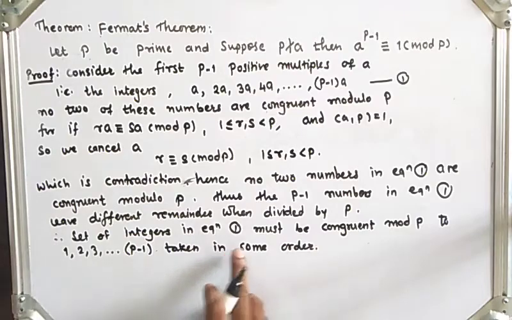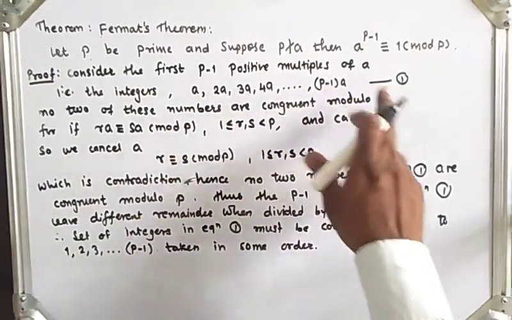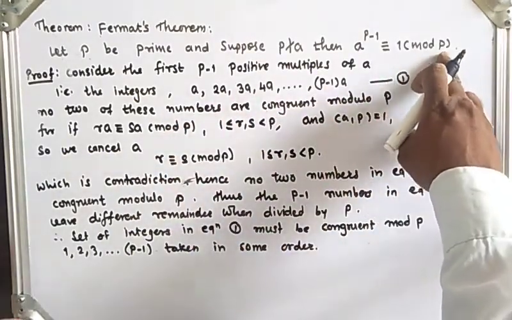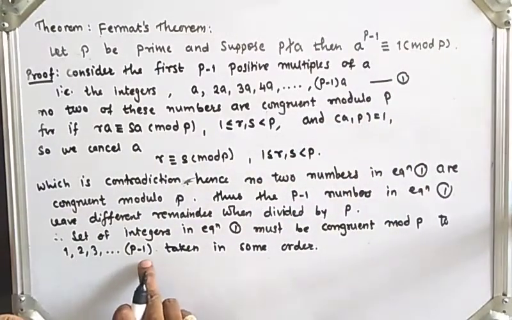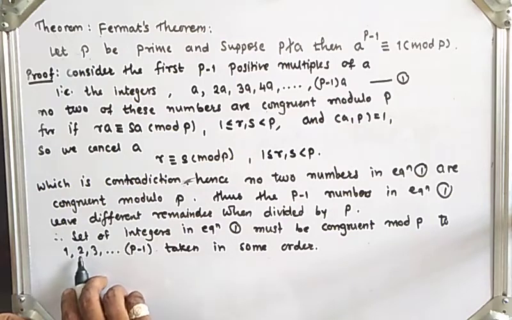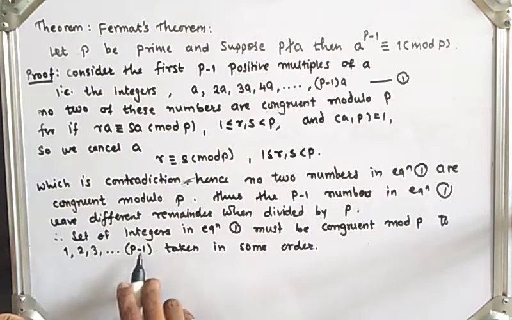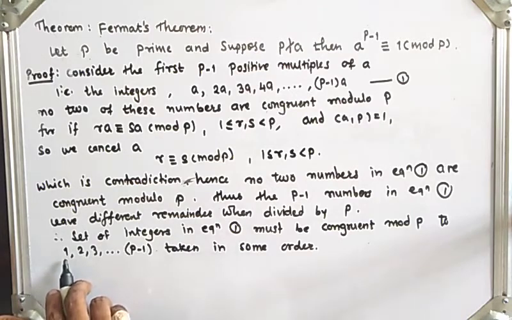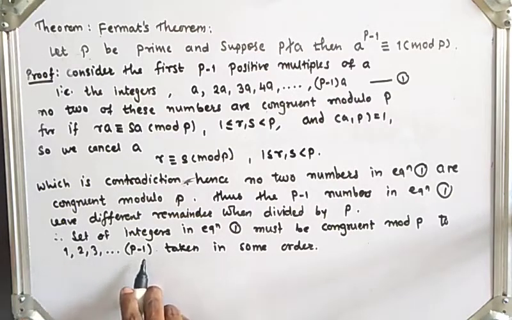It means that when the numbers in equation 1 are divided by p, we will get remainders 1, 2, 3 up to p minus 1 in some order. Sometimes we get 2, sometimes 3, sometimes 1, sometimes p minus 1. So we get all the numbers 1, 2, 3 up to p minus 1 in some order.